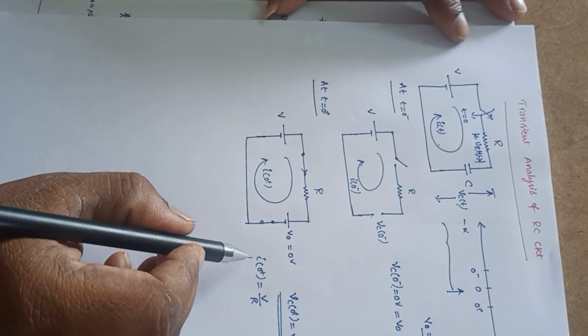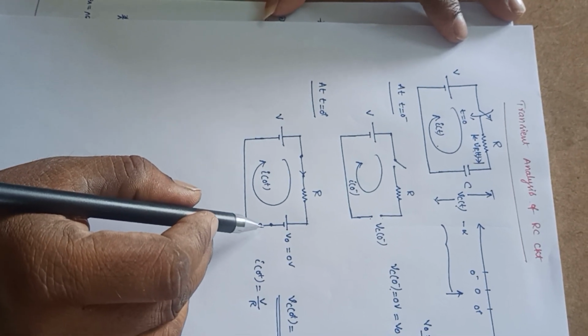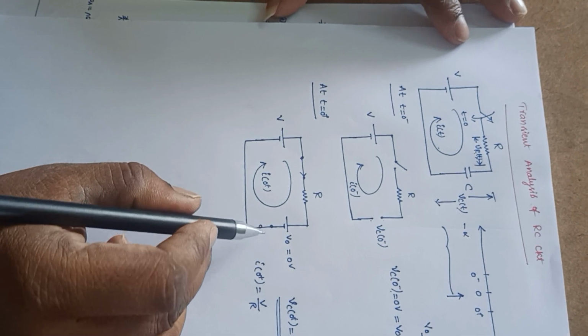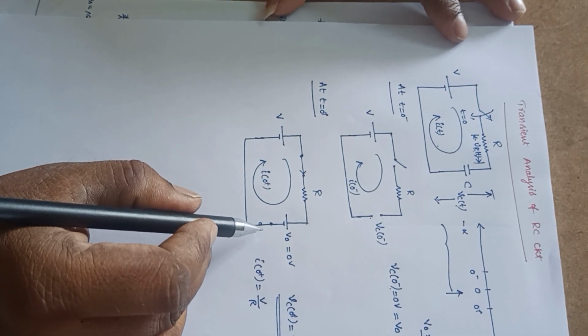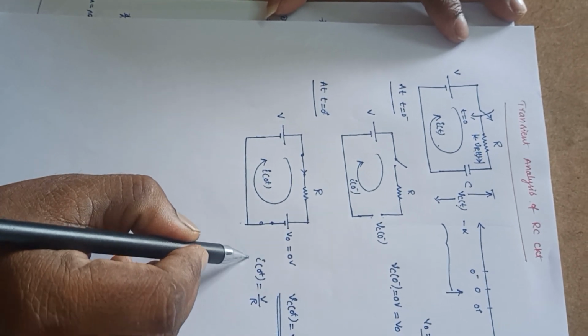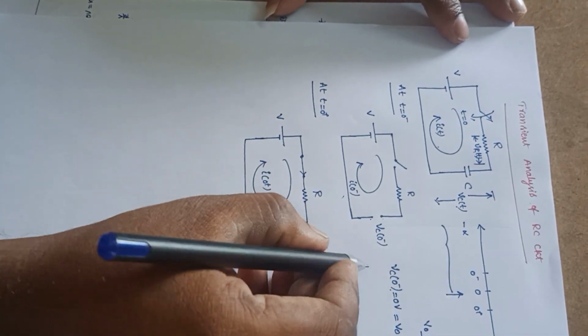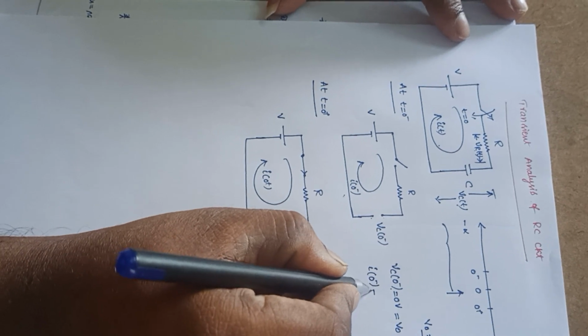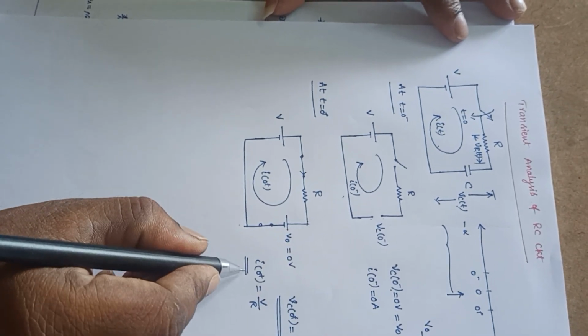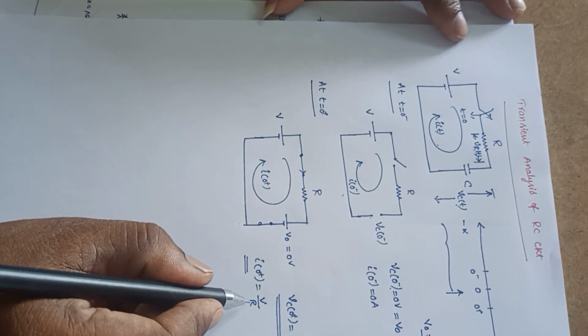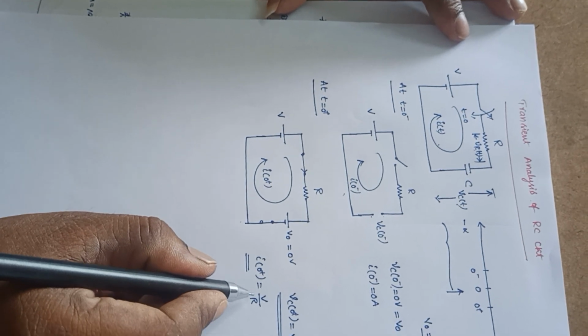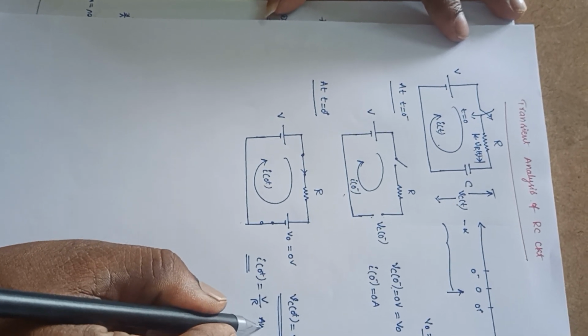That means the capacitor can allow sudden changes in the current, but it doesn't allow sudden changes in the voltage. This point you need to understand. The capacitor can allow sudden changes in current. That means i of 0 minus is equal to 0 amperes, but i of 0 plus, just after the switching action, has some value, that is V by R amperes.